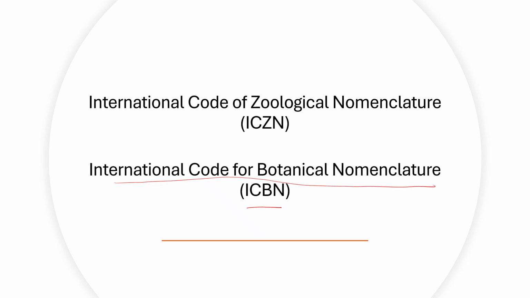You may ask, how are animals named? Animal taxonomists have evolved the International Code of Zoological Nomenclature, ICZN. The scientific names ensure that each organism has only one name.